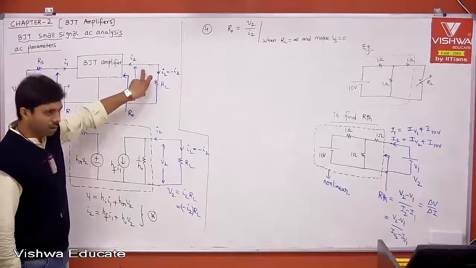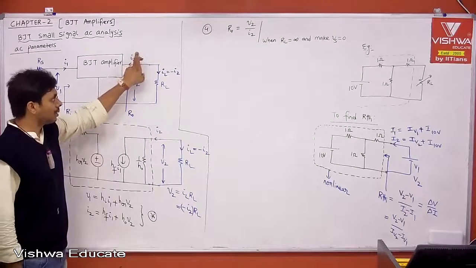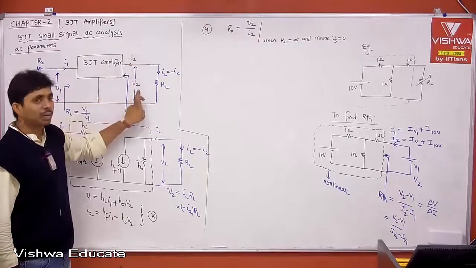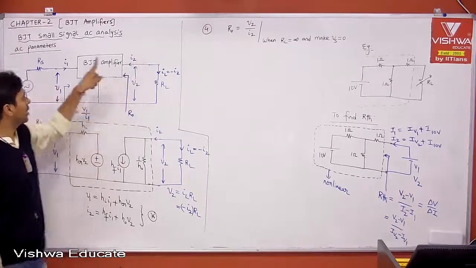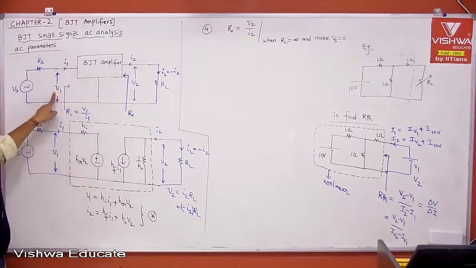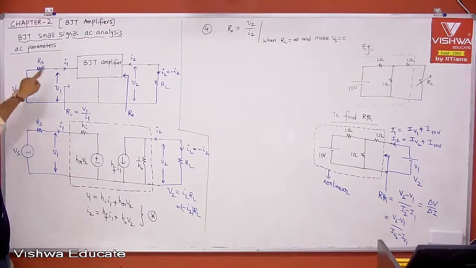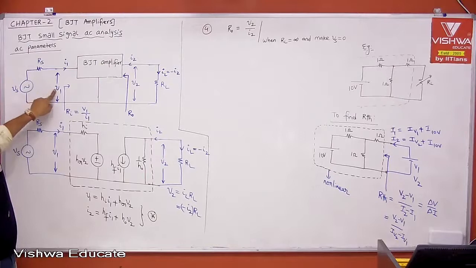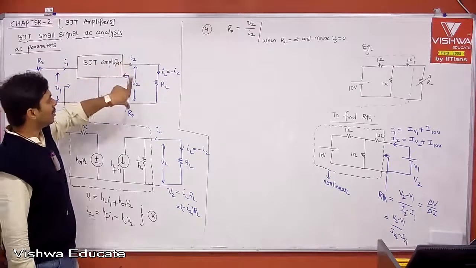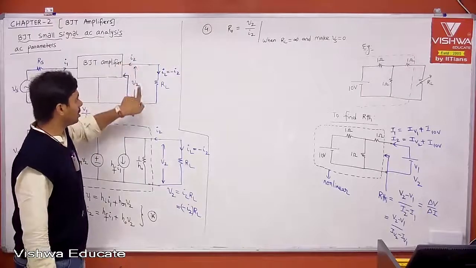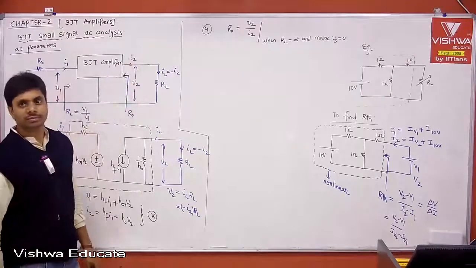Apply the voltage and get the output current, but I want the current only because of the output voltage. But this I2 is because of I1, I1 is because of V1, V1 is because of Vs. The input voltage indirectly affects V1, which indirectly affects I1, which indirectly affects I2. Even though you are applying V2, that current I2 is not only because of V2; it is because of Vs also.